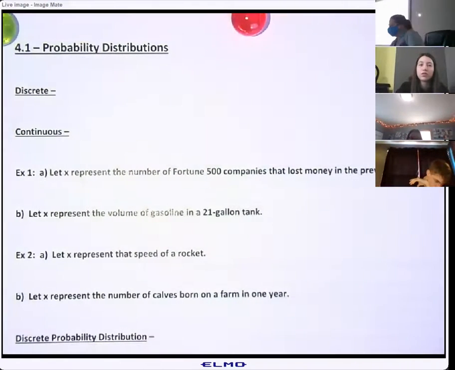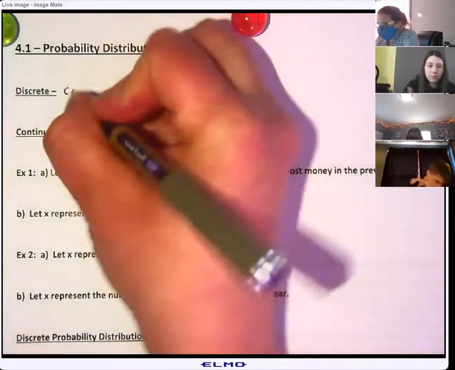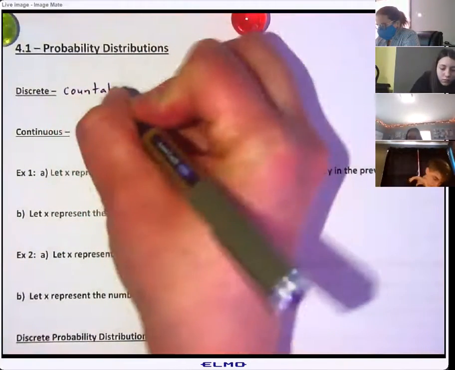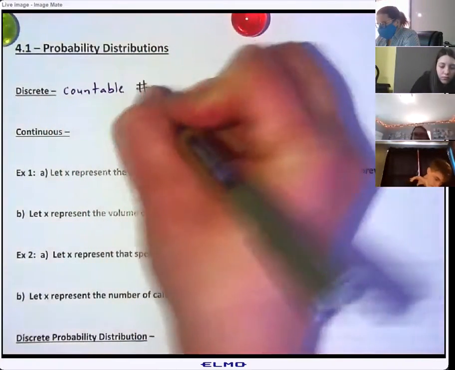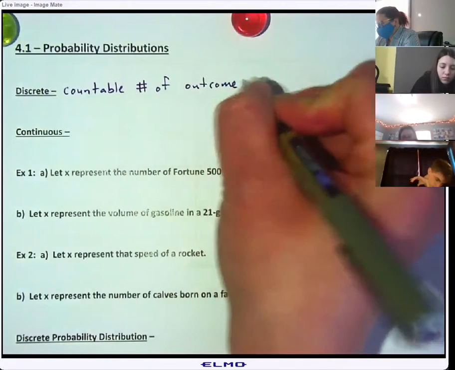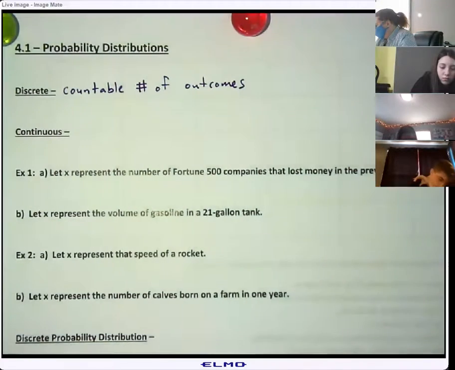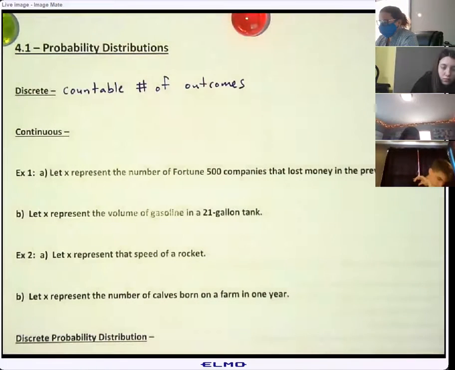So a random variable is discrete when there are a countable number of outcomes. These could be like whole number values or half number values.